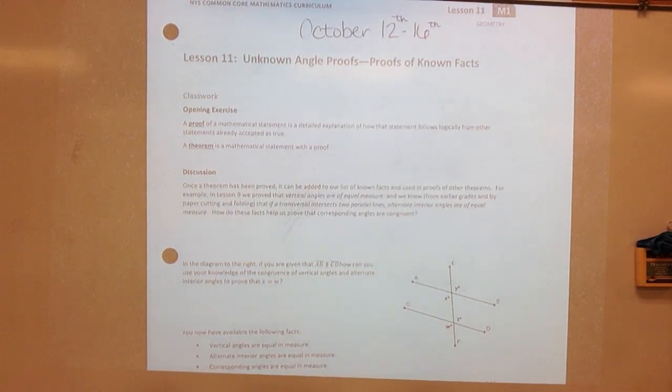A theorem, which you should have in your notebook now, is a mathematical statement with proof. Alright, with a proof. Theorems can be stated without reference to any specific labeled diagram.